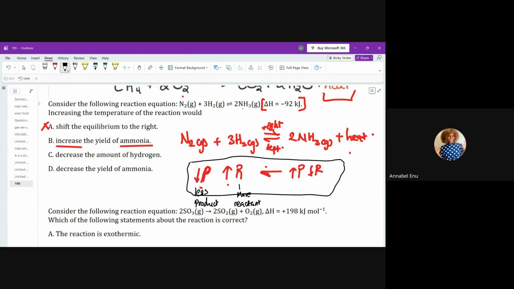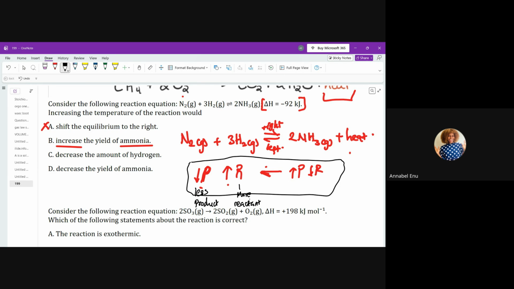And if it goes away from the product side, it means it's going to the left. So by consequence, we should be expecting less product formed and more reactants used. B is saying that more reactants are formed, which is not accurate. C is saying less reactants used, which is not accurate.